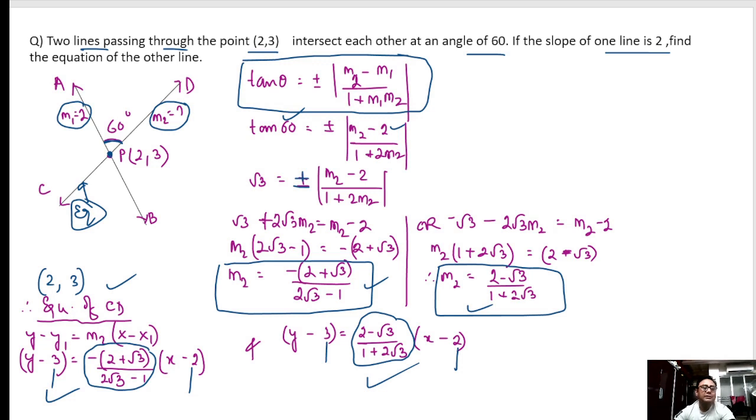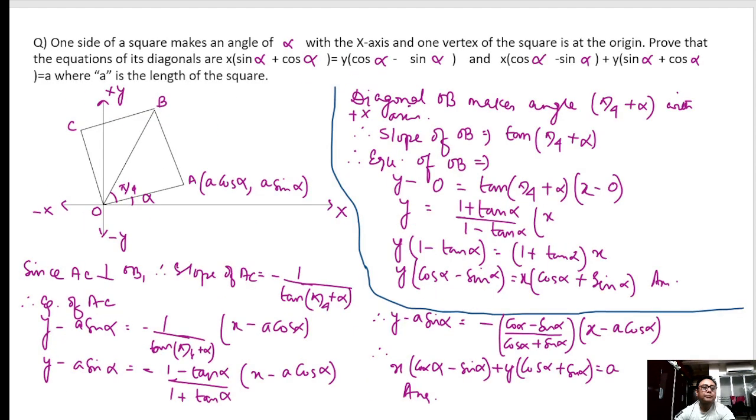Let's see, friends, next question. The question says, one side of a square makes an angle alpha. So see, this side of a square is making an angle alpha with the positive x-axis, and one vertex of the square is at the origin.